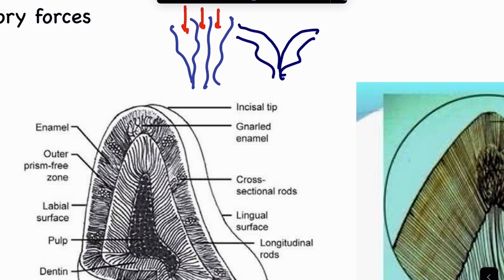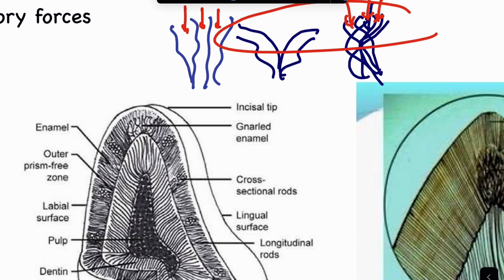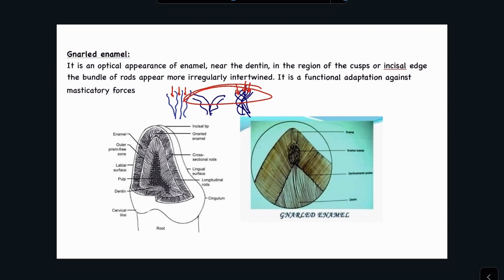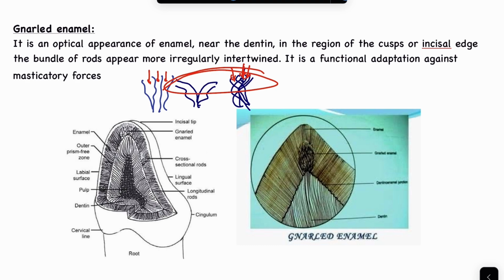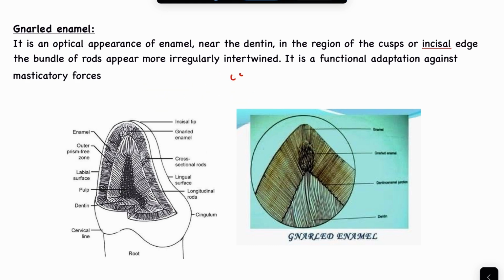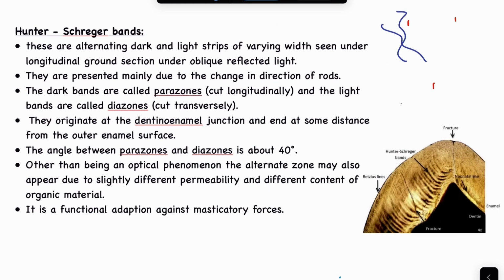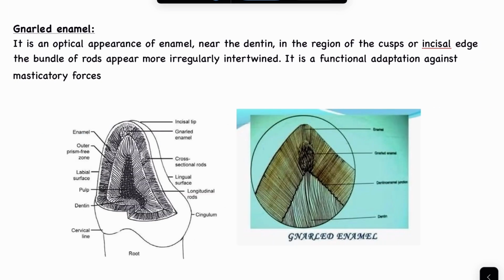But if the same rods are intertwined like this, all right, now if a force acts, they won't be pulled apart. So this is how it's an adaptation against masticatory forces. All right, both this and the Hunter-Schreger bands, okay, because they're both due to a different direction of the rods running in the enamel.